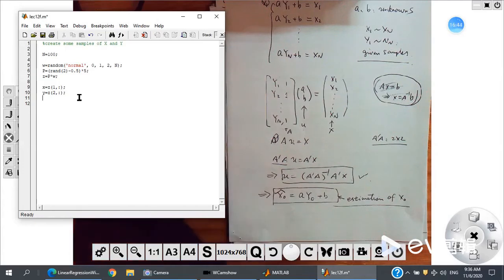I put the prime here, the transpose, then both are row vectors, right? And I need A. A will be Y, the first row, followed by another row of 1s. So they are ones of n rows and one column.